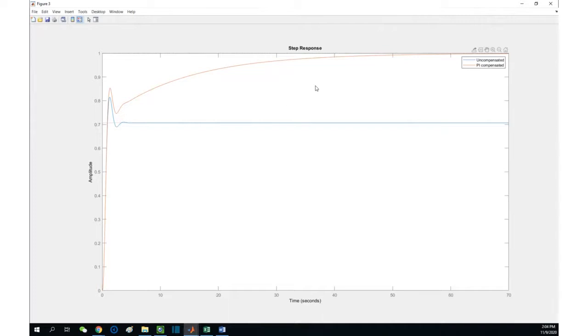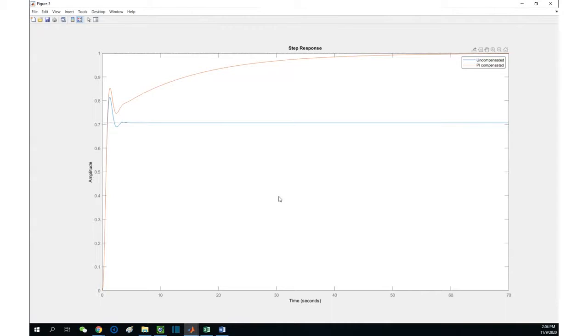The second thing is that your dynamics are not improved too much. I mean, the original dynamics are even better, aren't they? The blue's dynamics, like the TR and TS, are actually much faster than the red.